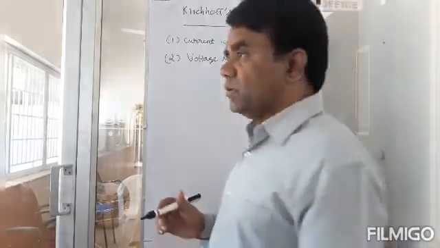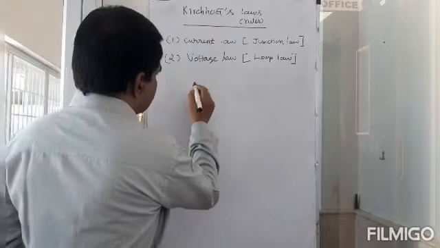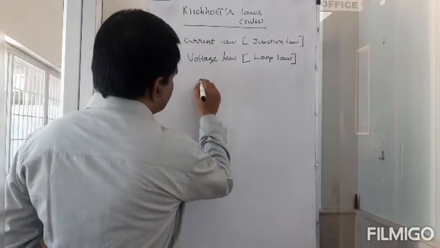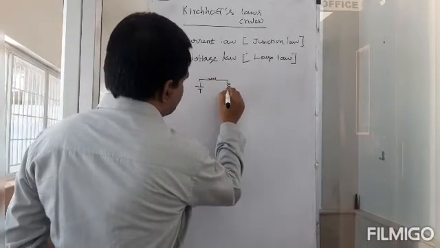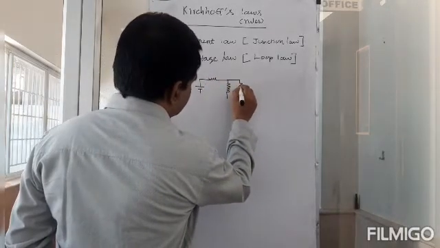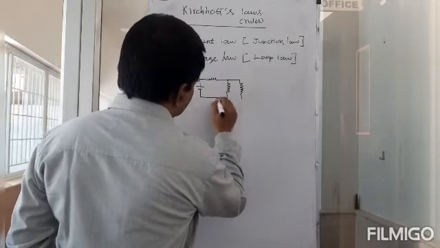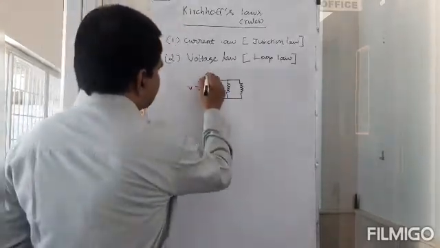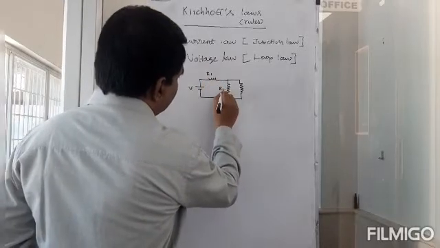So let me just draw a circuit. Let's say you have a voltage here, a battery here. Now let's say you have a simple circuit like this. So you see, this is V. I can call this R1. This could be R2.